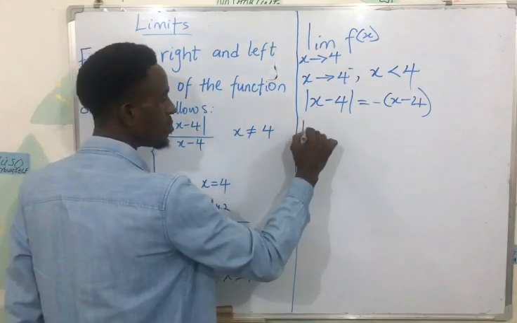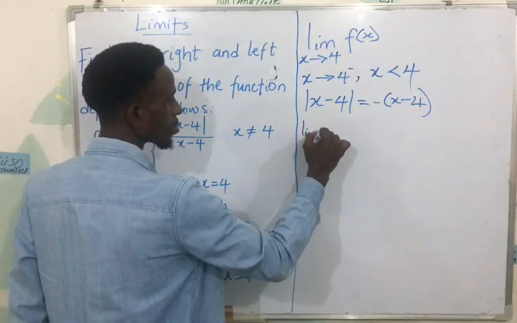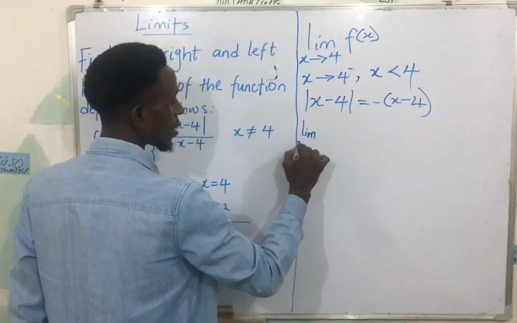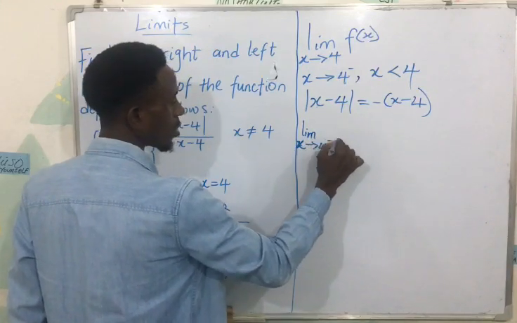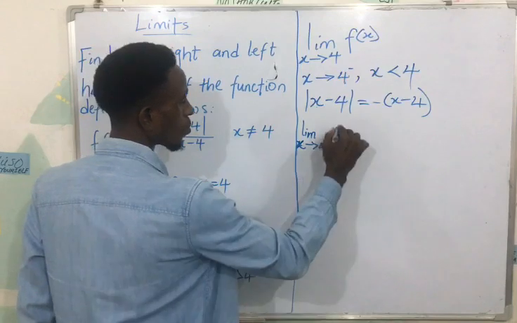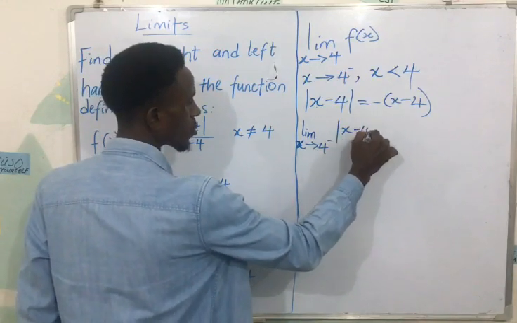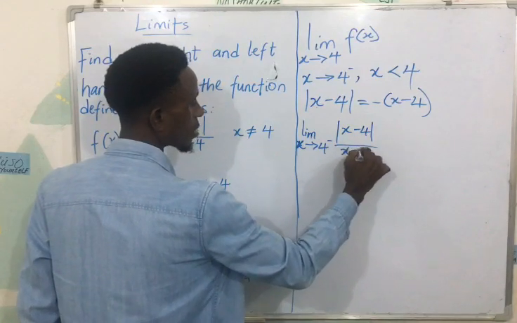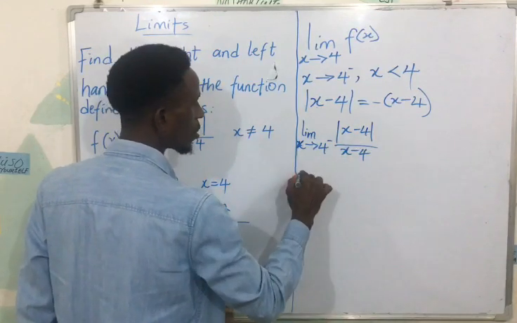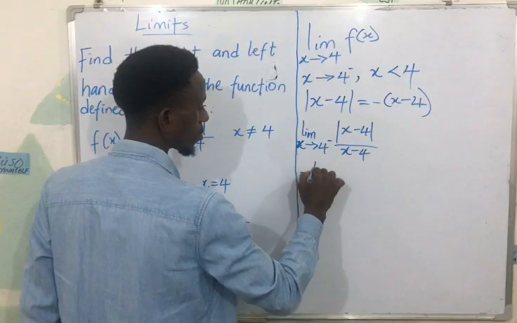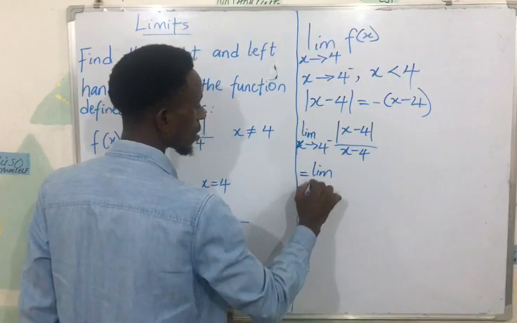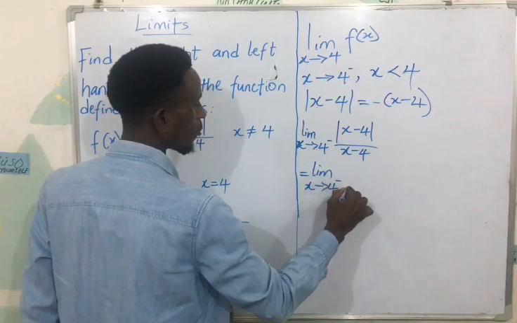So I'm taking the limit as x approaches 4 minus of f of x. And f of x is what? The absolute value of x minus 4 over x minus 4. So this is going to give me the limit as x approaches 4 minus.